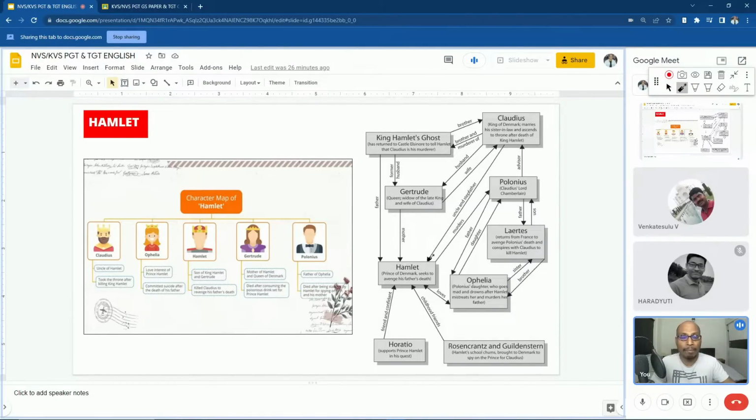He realized that Hamlet was acting like a mad person so that he could get to know what Claudius's plan actually was, and how Claudius and Gertrude developed the illicit relationship and how they killed Father Hamlet, because he was not able to trust the ghost's revelation or message. So he wanted to confirm. That's why he started acting like a mad person, but he is not actually a mad person.